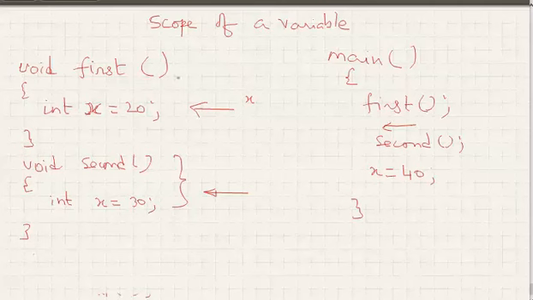This is dead. And so is here when I call second, when the function starts executing and completes the execution of this function, that variable x is not visible in the main function. The x is equal to 30 is done.